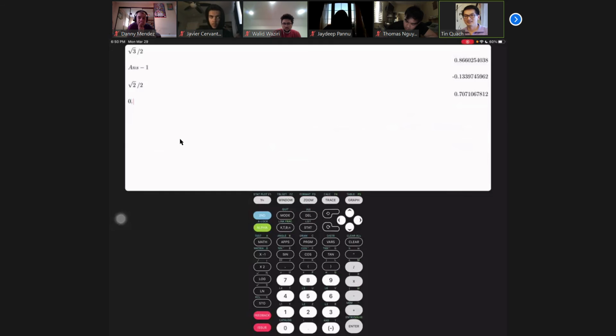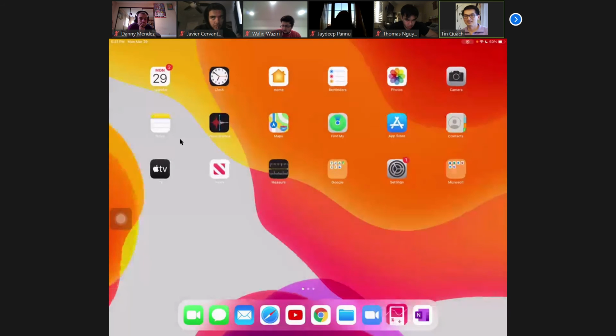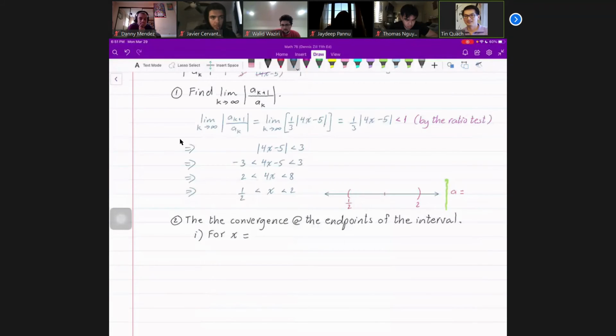So 0.5 plus 2 and divide by 2. That's the midpoint, right? Because if you take the distance, 2 minus 0.5, that's 1.5. But if you then divide it by 2, that wouldn't be at that coordinate. So imagine you are trying to find something here so that the distance from here to here is the same as the distance from here to here.